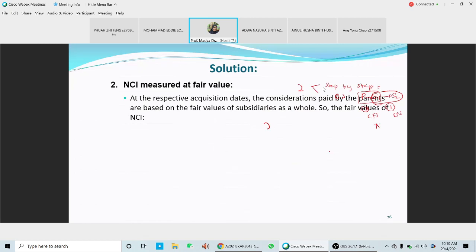For NCI measured at fair value at the respective acquisition date, the consideration paid by the parent is based on the fair value of the subsidiary as a whole.